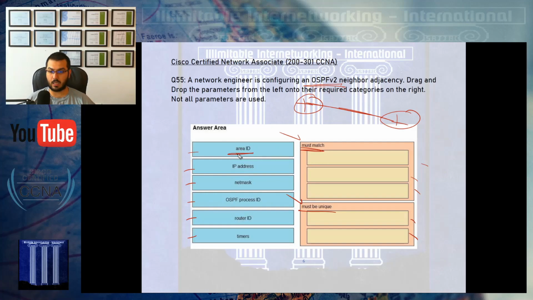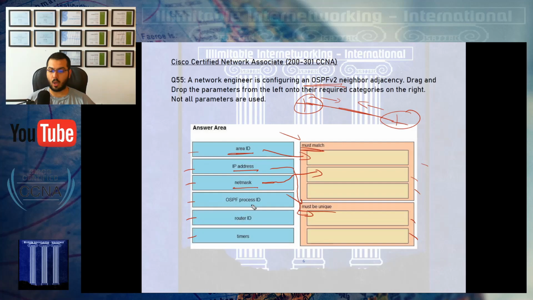So area ID, definitely area ID should match, because if this link was on area 0 from here, then it definitely should be on area 0 from here. IP address should not match. Each interface should have a different IP address. This will be called a duplicate IP address. Subnet mask should match, okay, because subnet masks should keep both interfaces under the same broadcast domain. So subnet mask should match.